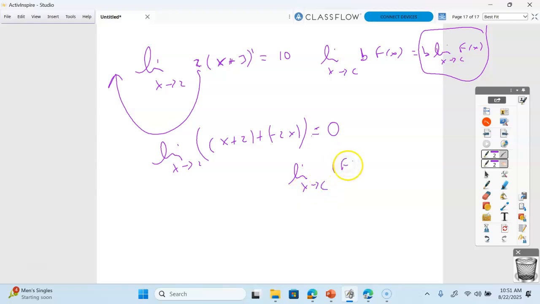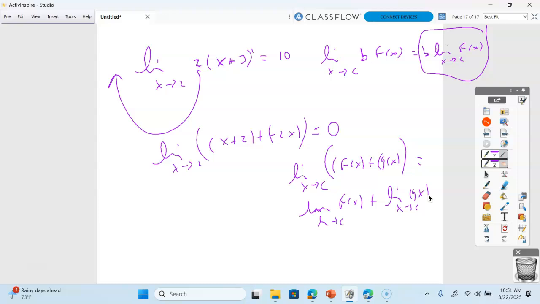If I have two functions, what could I do? I could take the limit, this is equivalent to taking the limit of the first one plus taking the limit of the second one, right? Totally allowed.